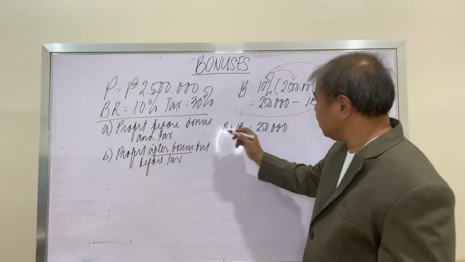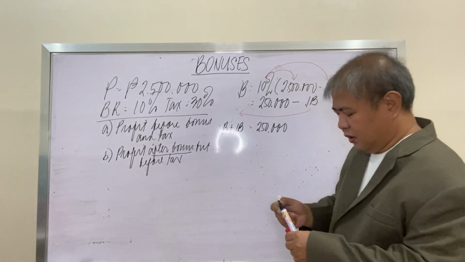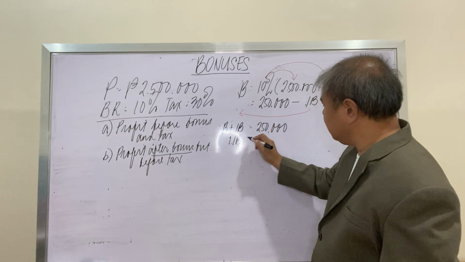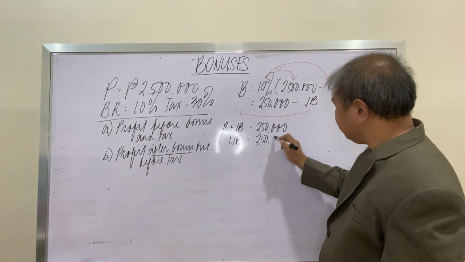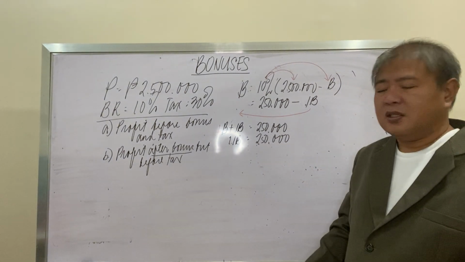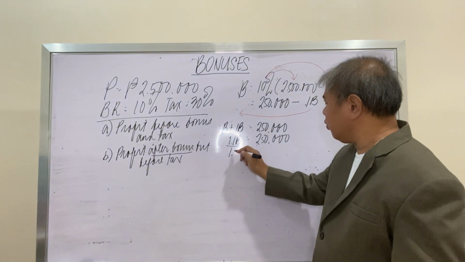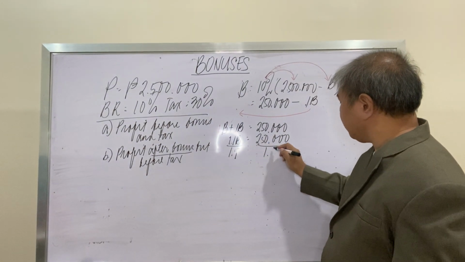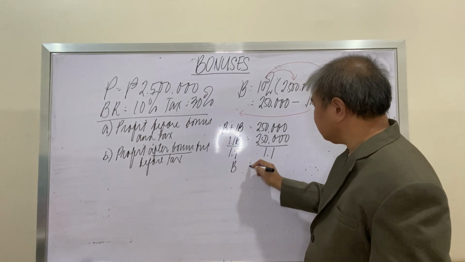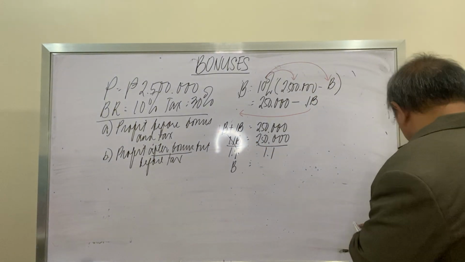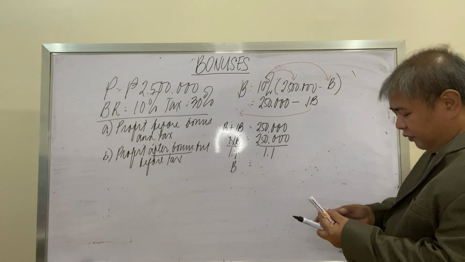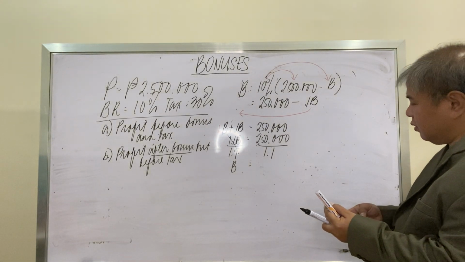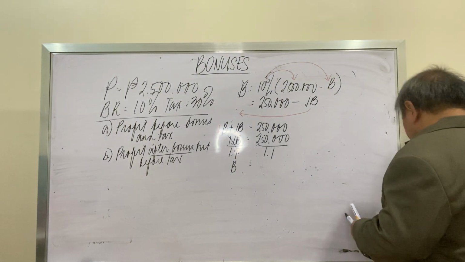There is a coefficient of 1 here, so that will be 1.1 of B is equal to 250,000. So divide this by 1.1 and this side by 1.1 as well. Cancel this out. So B is equal to how much? 250,000 divided by 1.1.